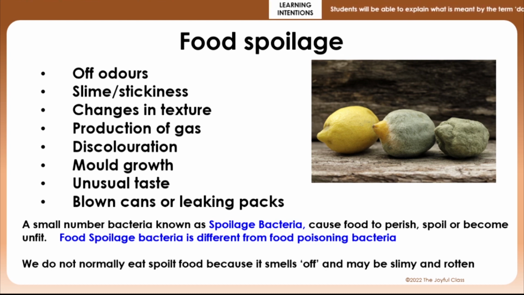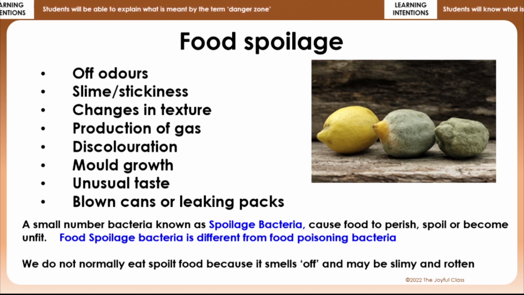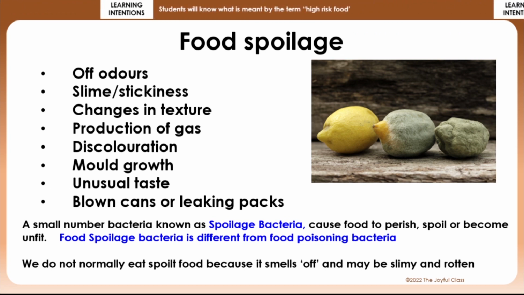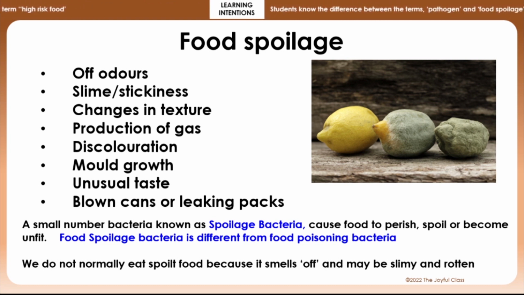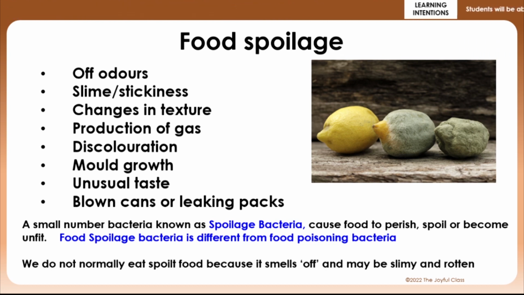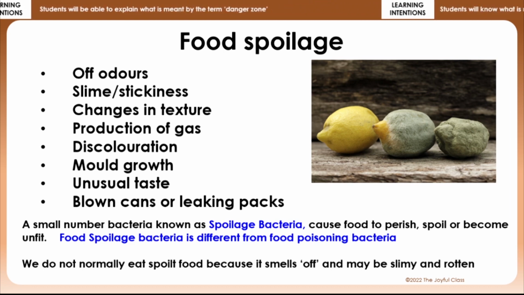A small number of bacteria known as spoilage bacteria cause food to perish, spoil or become unfit to eat. Food spoilage bacteria is different from food poisoning bacteria. We do not normally eat spoilt food because it smells off and may be slimy or rotten. It signals to us it's not safe to eat. But food that has food poisoning does not have that signal.